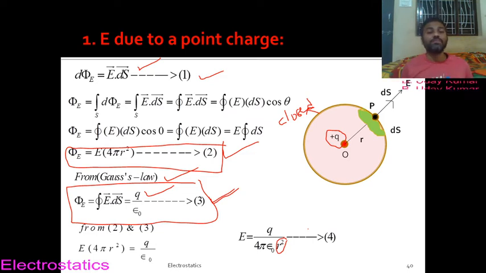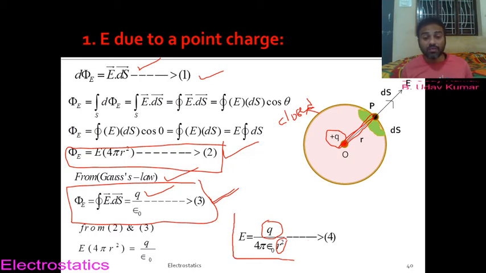Even here, the electric field intensity of the point charge Q at a distance r is found to be E equal to Q by 4 pi epsilon 0 r square.